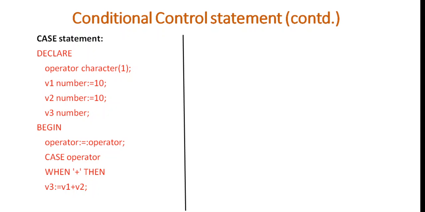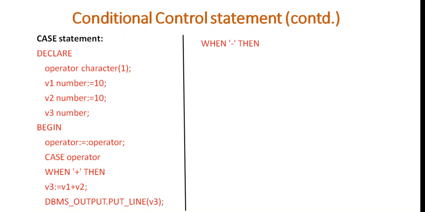First write down the case keyword, then the variable that you want to compare, and then write when plus then, that is when case operator is plus, then perform addition. If case operator is plus, then perform v3 equal to v1 plus v2 and dbms_output.put_line v3, that is we are displaying the addition.